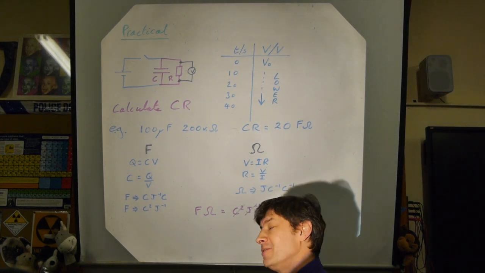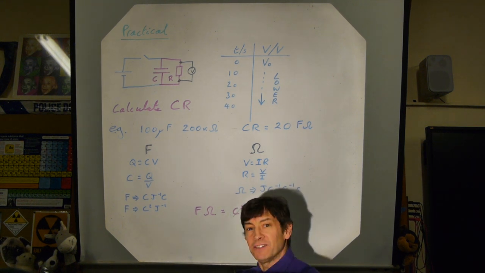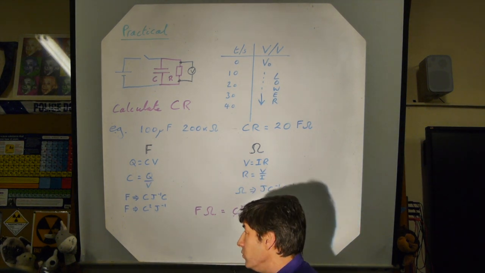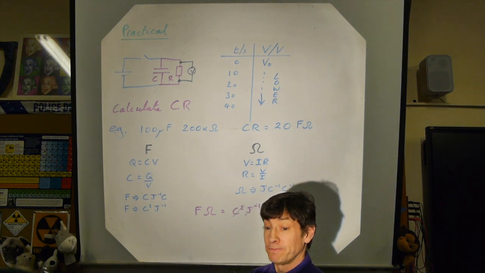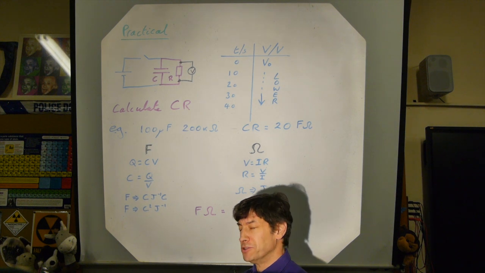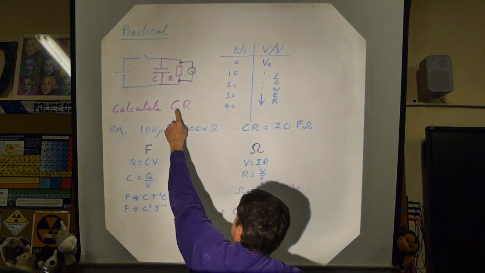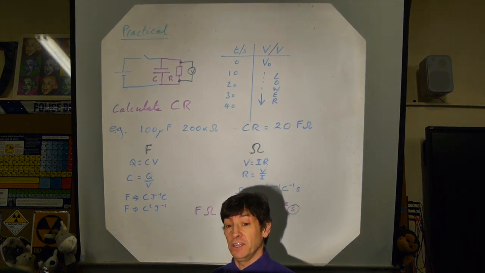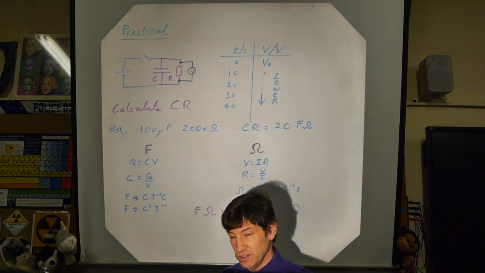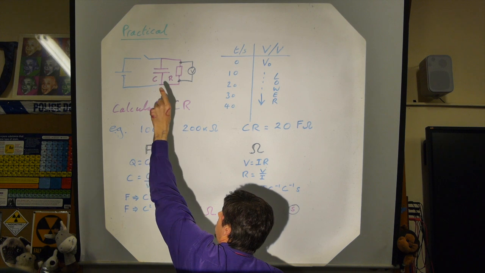I said some of you, I'm not going to mention a name, but I can think of someone in my group who for the rest of their life will say, Mum, I'll be with you in 120 farad ohms. Just give me a while. It'll only take a few farad ohms. It's really interesting that CR is something in capacitor circuits that never changes, because in the circuit you've got a capacitance and a resistance.